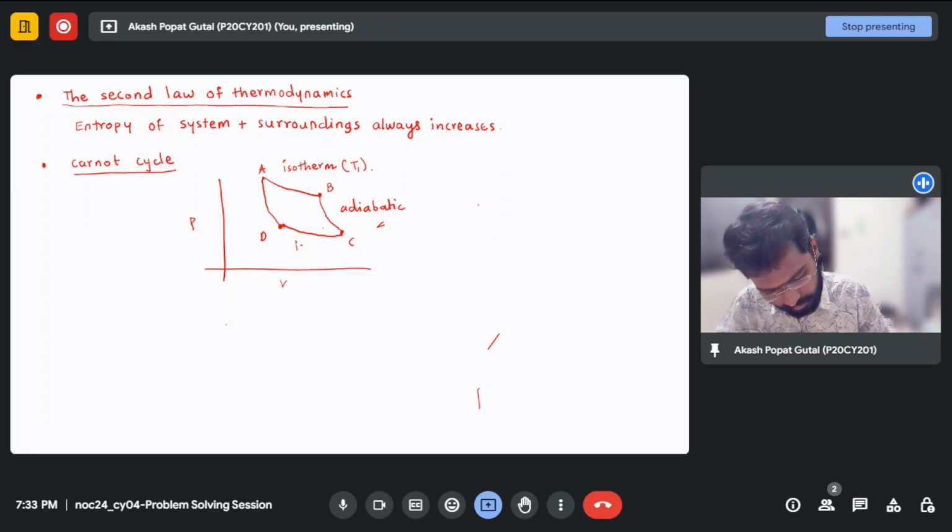This is also an isothermal process at temperature T2. This is an adiabatic process.